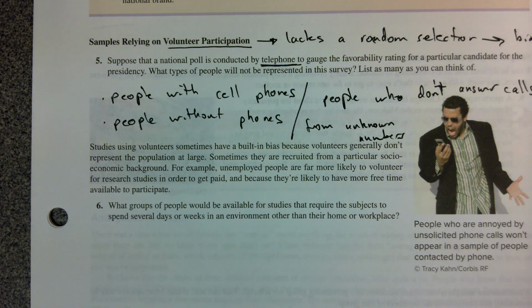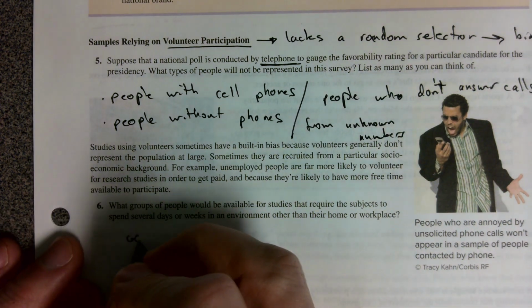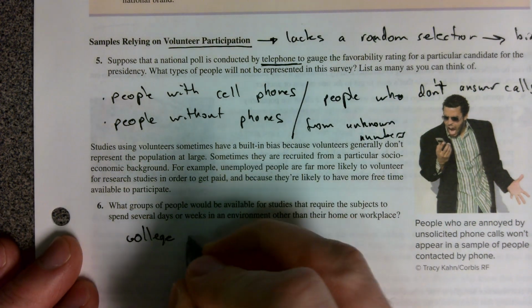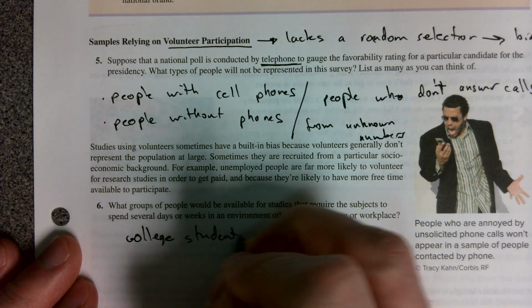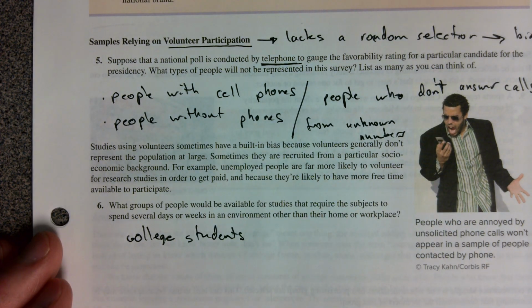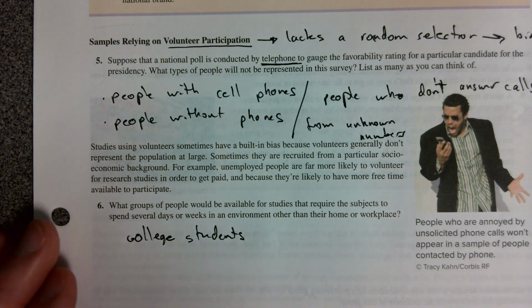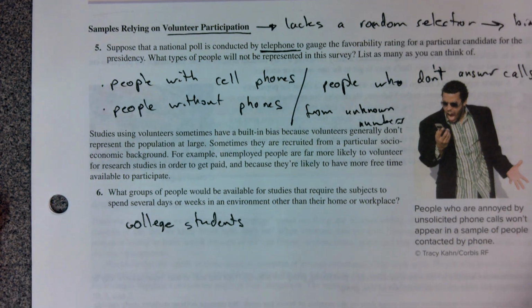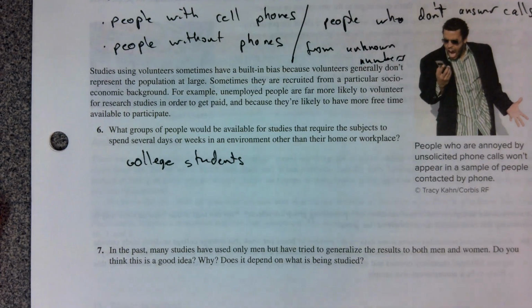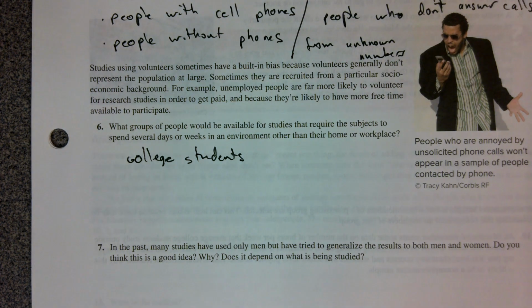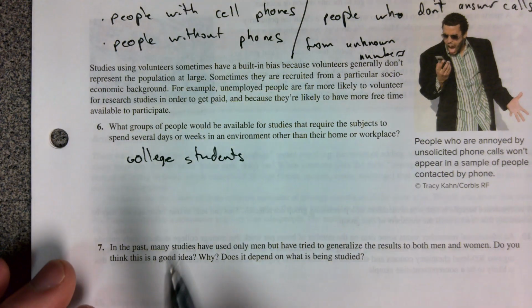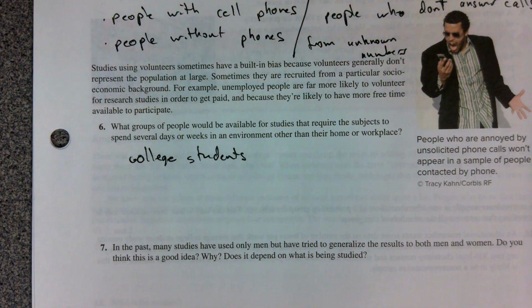Also, they have the free time. More college students might be available, or high school students because they have the free time. Non-full-time working people, people without children, or without those who depend on them for care. So it's just a big problem with representing an entire population.